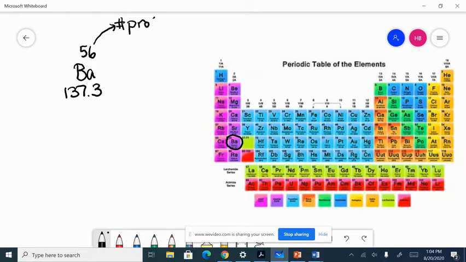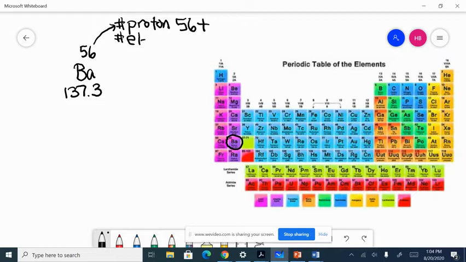Now, if it's a neutral atom, remember atoms are neutral, meaning that they have the same number of pluses as they do minuses. So the number of protons is 56. The number of protons is how many plus charges we have. In chemistry class, protons are always pluses. If it's an atom, that means it's electrically neutral. That means that it has the same number of pluses and minuses. Minuses in chemistry class are electrons.